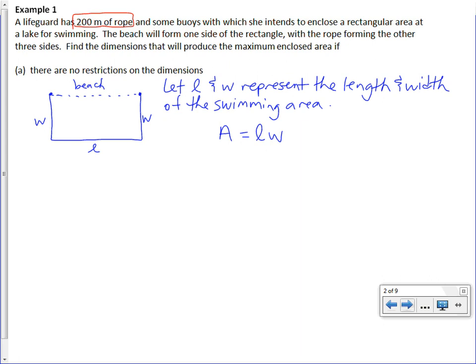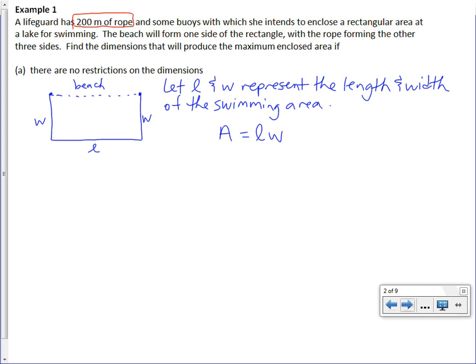Okay, so how could I use the 200 with the picture that's there? Like, how does the 200 fit into the mix? It's the length of rope. Do you agree that the 3 sides here have to add up to that 200? You only have that much rope. So you have this giant piece of rope and you have to turn it into a rectangle, right?